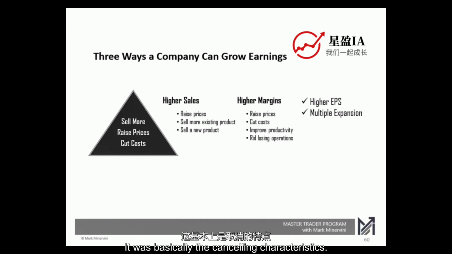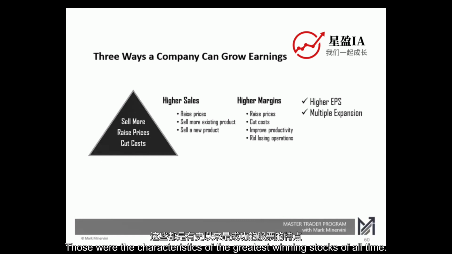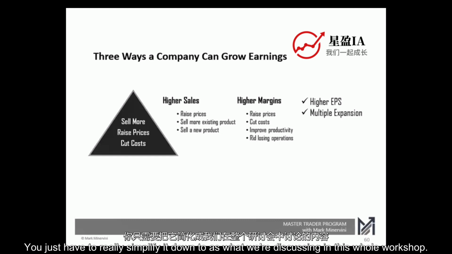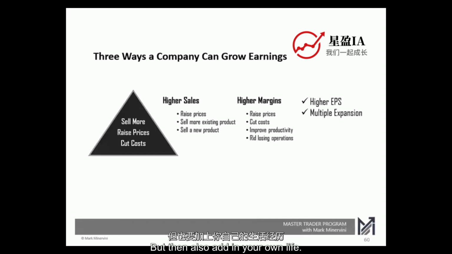Well, it was basically the CAN SLIM characteristics, and those were the characteristics of the greatest winning stocks of all time. And I keep on saying the market is not that complex. You just have to really simplify it down to what we're discussing in this whole workshop, but then also add in your own life.